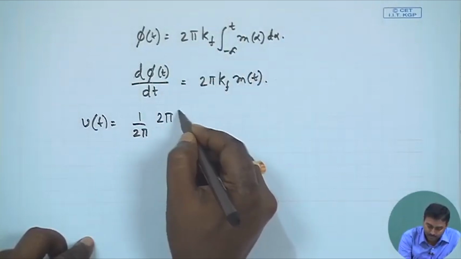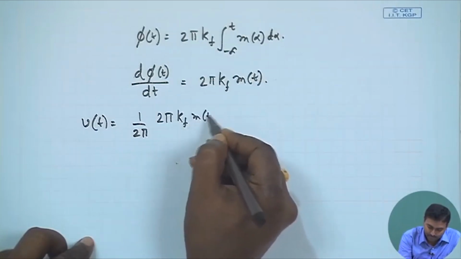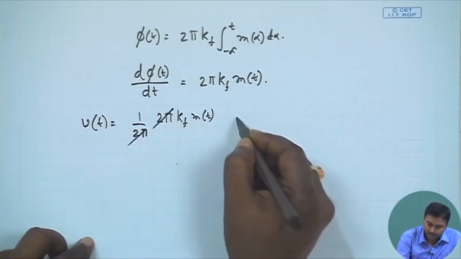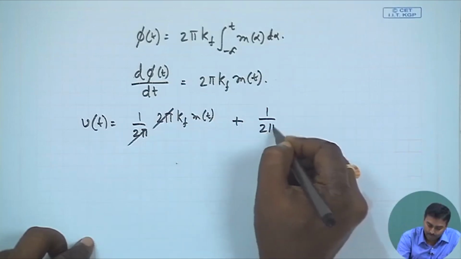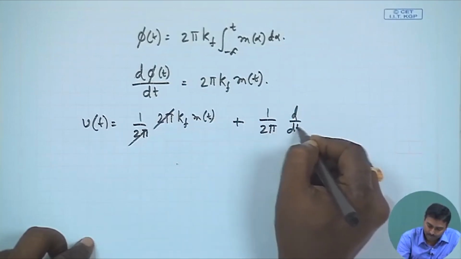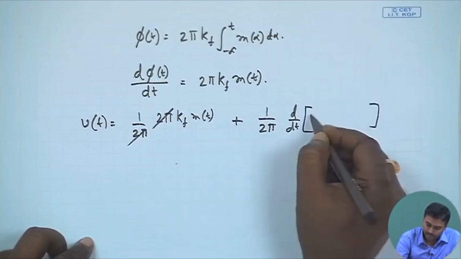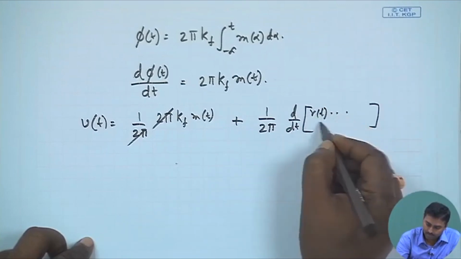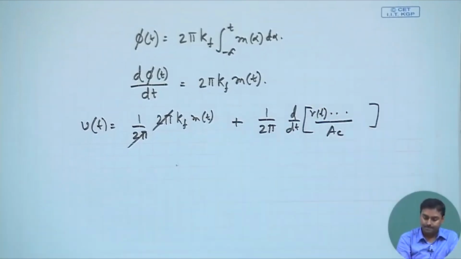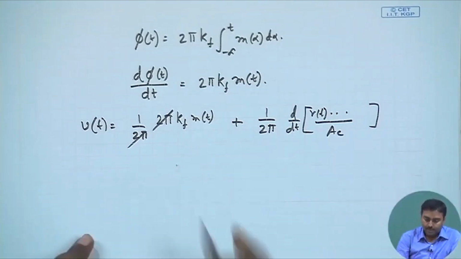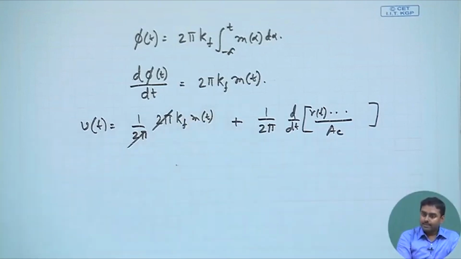So, that should be 2 pi k f m t, the 2 pi gets cancelled, plus I have 1 by 2 pi d dt of this whole thing, R t and so on, divided by AC, right, whatever we have derived. This is exactly my message signal, that is very good.